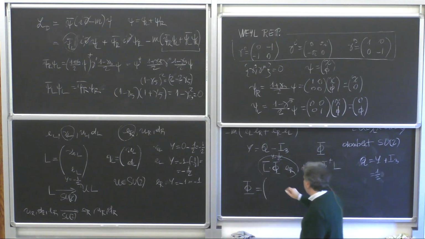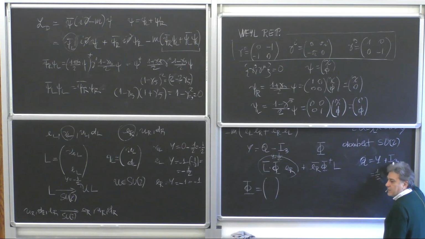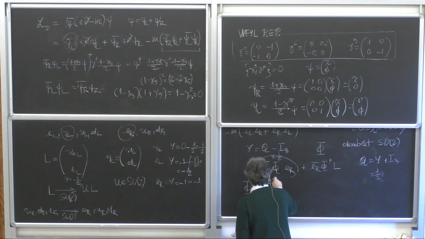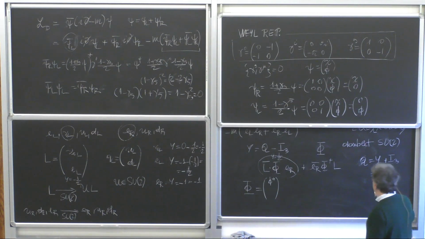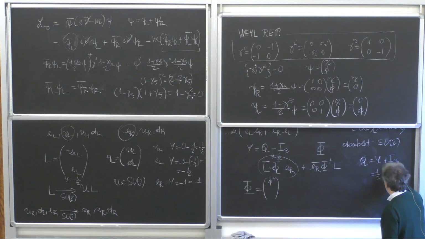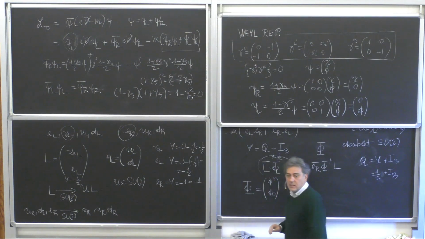So in the upper part here, we have I3 equal to 1/2. 1/2 plus 1/2 is 1, so the charge is 1. We have a charged scalar field, and down we have 1/2 minus 1/2, so 0, and this is a neutral scalar field.